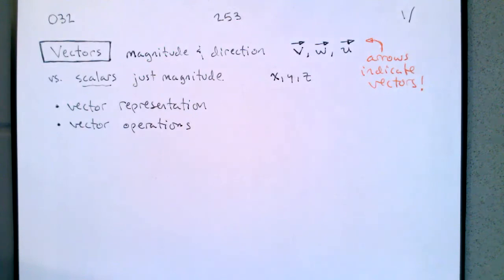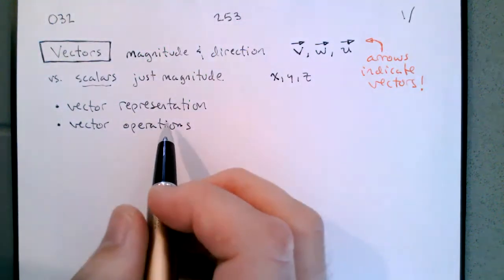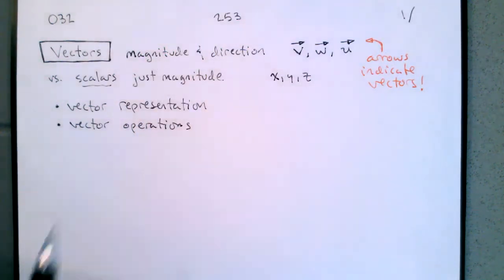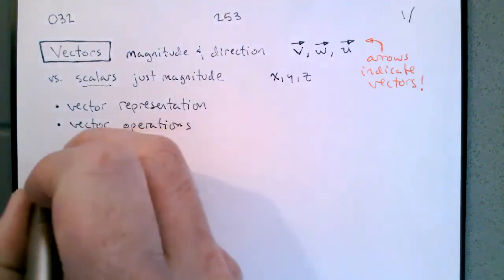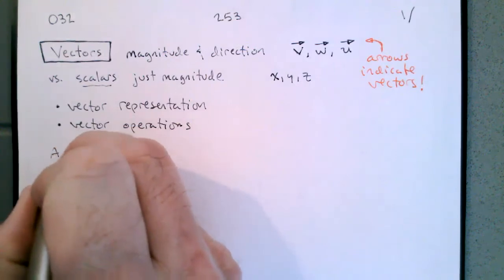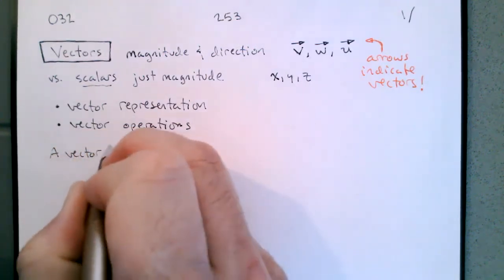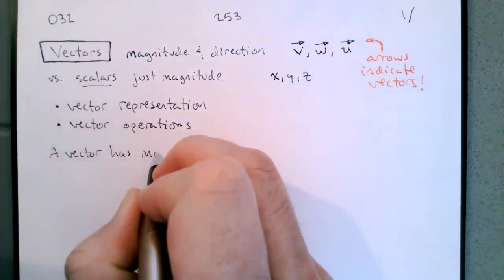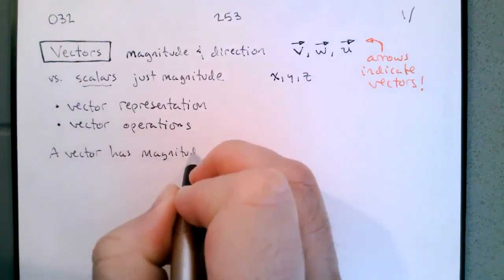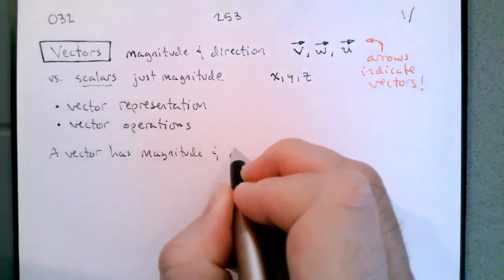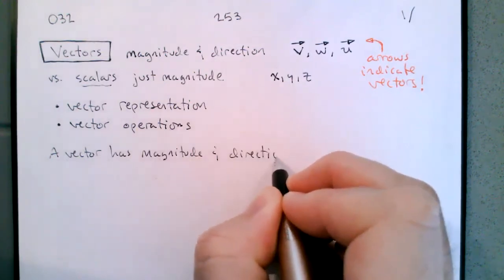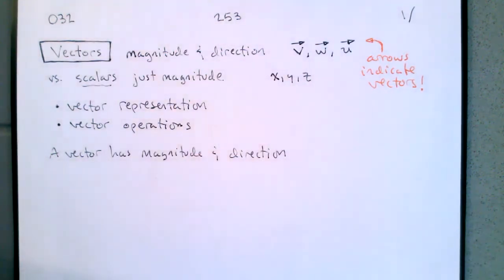All right, so let's talk about vector representation, and then we'll start talking about vector operations. So a vector is a quantity with magnitude and direction, and we usually visualize this with an arrow. So a vector has magnitude and direction. Two quantities, magnitude and direction.